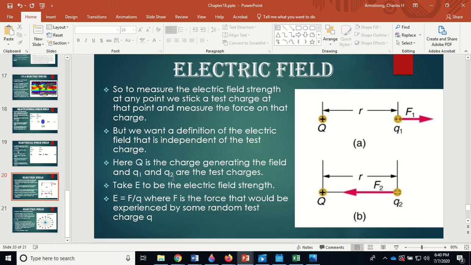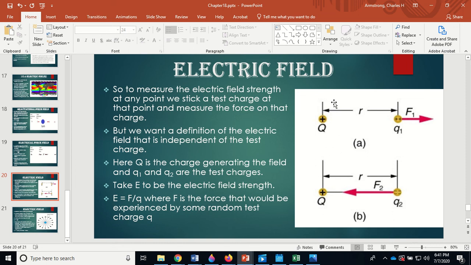So E is force divided by the charge of the test charge. In other words, E is going to be in newtons per coulomb. It tells you that if you put this many coulombs there, it's going to feel this much force. And you can see it's a ratio.